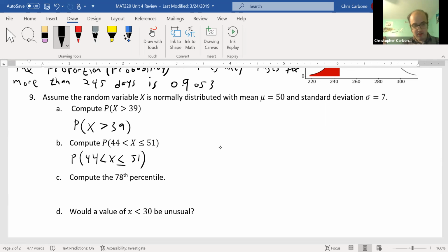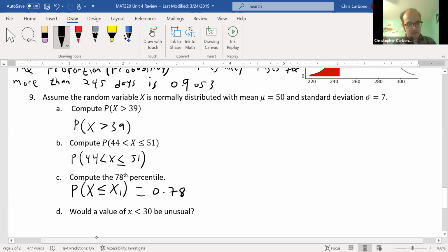We want the 78th percentile. So that's the probability of random variable is less than or equal to some number, x sub 1, is equal to 0.78. And then finally, we want to know if the value of x less than 30 is unusual. So we need to find that as well.